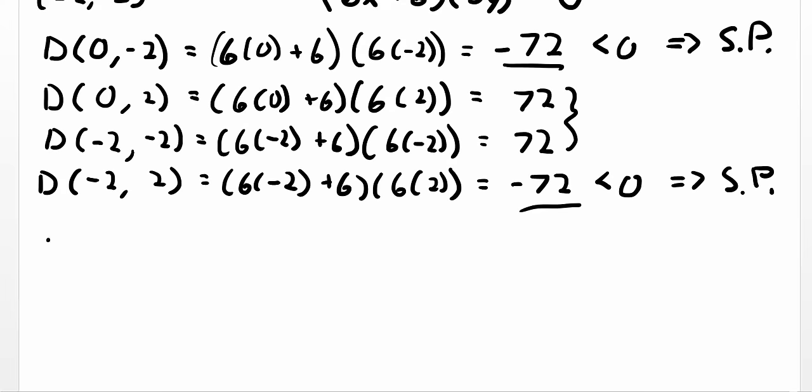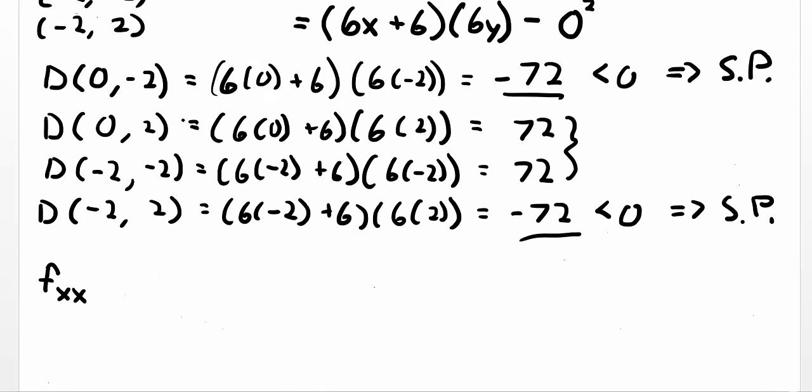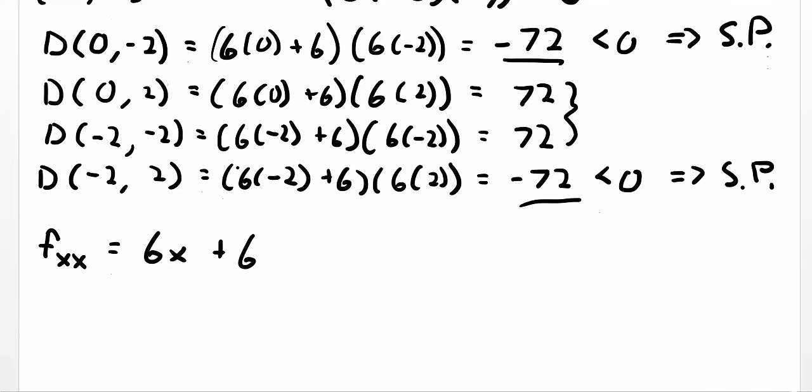So we also have to take the second partial derivative with respect to x, which we had up here, 6x plus 6. And we're going to evaluate it at each of our remaining critical numbers, 0, 2.